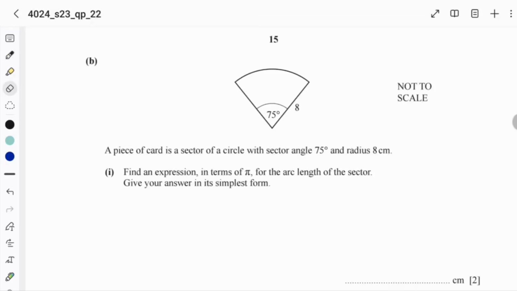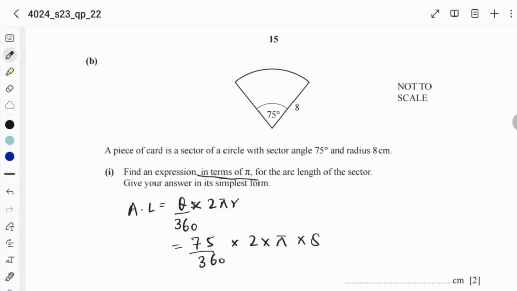A piece of card is a sector of a circle with sector angle 75 degrees and the radius is 8 centimeters. Find an expression in terms of pi for the arc length of the sector of the circle. So theta over 360 degrees into 2 pi r is the arc length. So the angle is 75 over 360 into 2 into pi into 8.